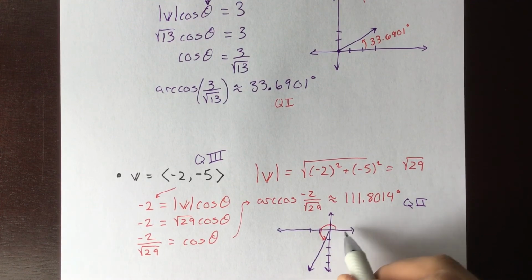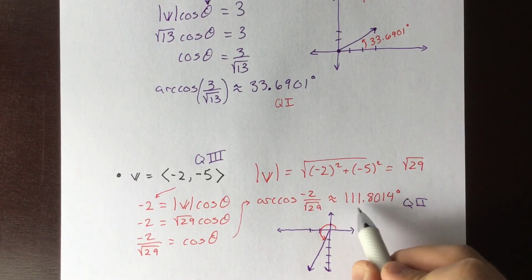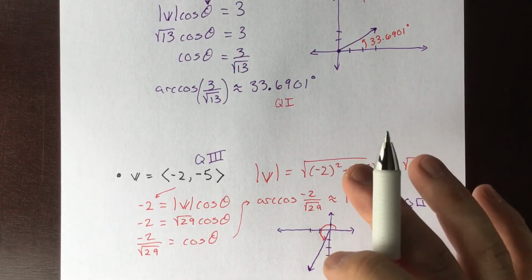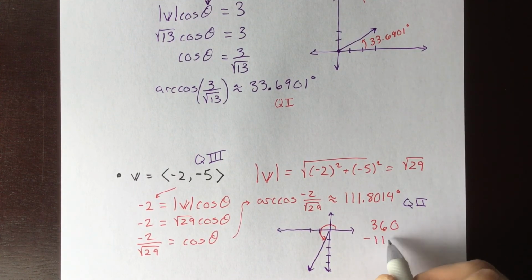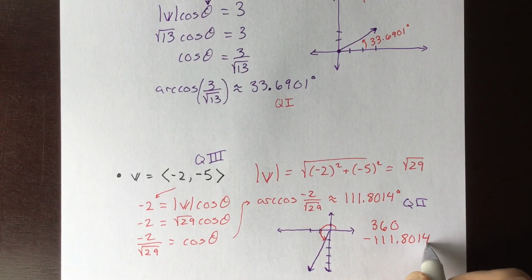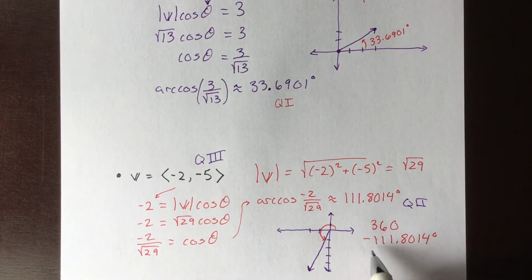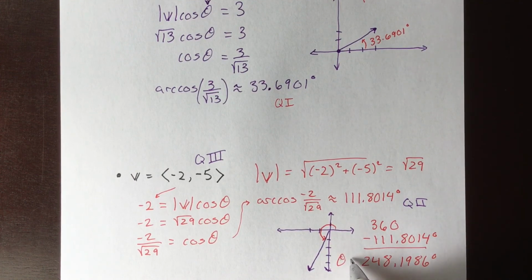So what we can do here is take this obtuse angle and subtract it from 360 degrees. Doing that difference, we get 248.1986 degrees, and this is our theta. This is our directed angle.